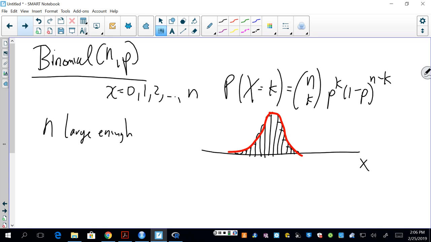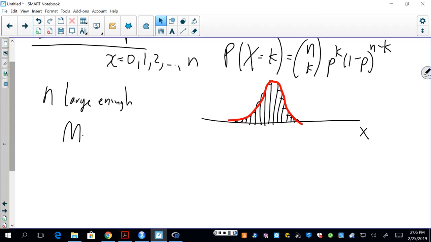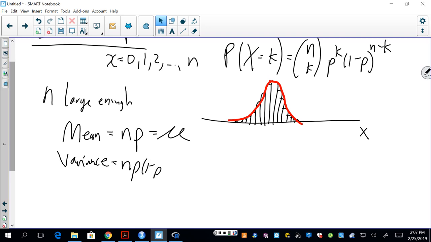What do you use for the normal? You need a mean and standard deviation. So it says you can use mean, n times p, and you can use a variance. The binomial formula for variance is n times p times 1 minus p, sigma squared.